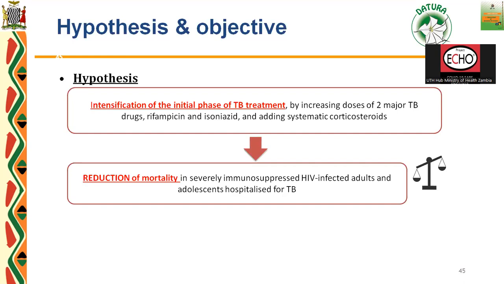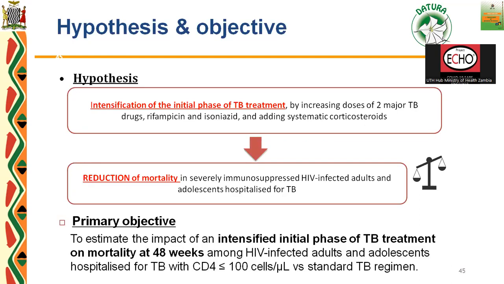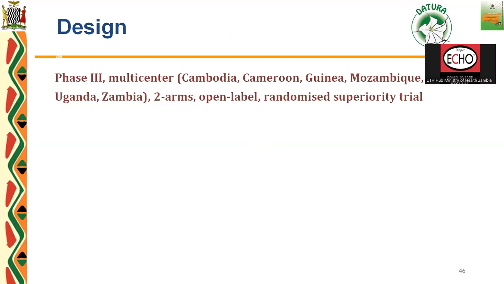It's a clinical trial, so we would have to compare. Next slide, but the target is to reduce mortality at 48 weeks. Next slide. Obviously, it's a multinational trial in which we are participating. Next slide.